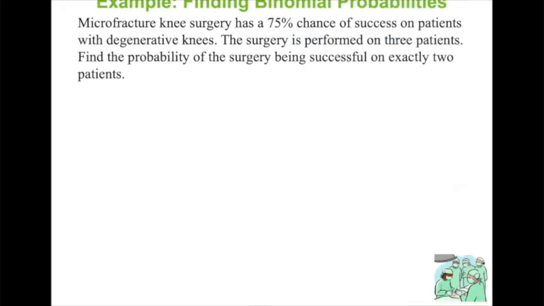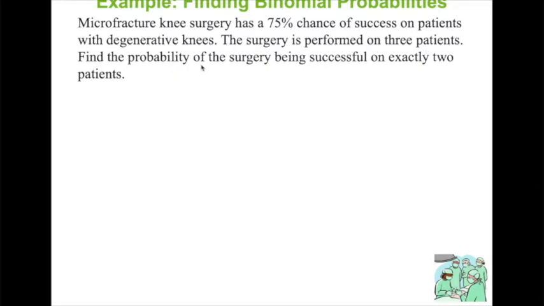Now let's take a look at an example. A microfracture knee surgery has a 75% chance of success on patients with degenerative knees. The surgery is performed on 3 patients.